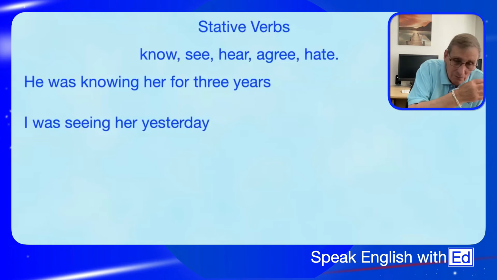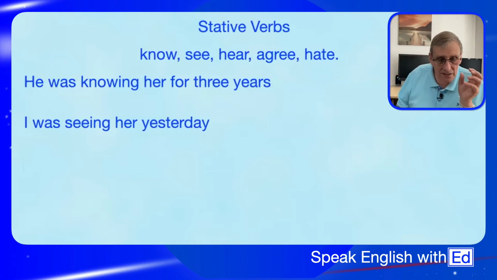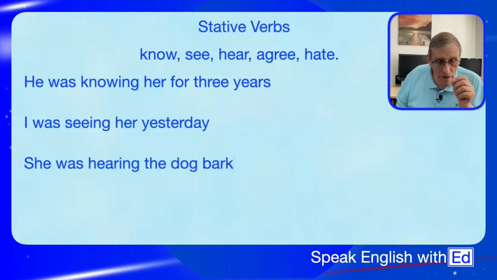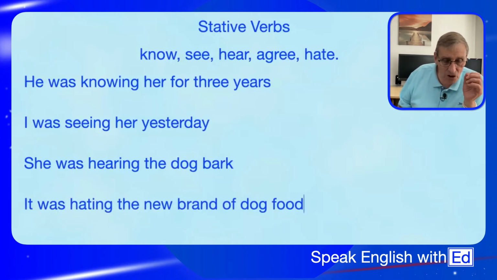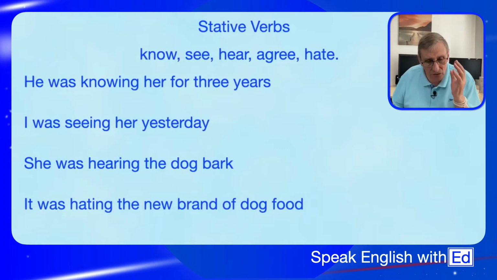I can't say I was seeing her in this way, because it's a stative verb. She was hearing the dog bark. You cannot say that. And it was hating the new brand of dog food. You can't say that. All these are stative verbs, so you cannot say them.